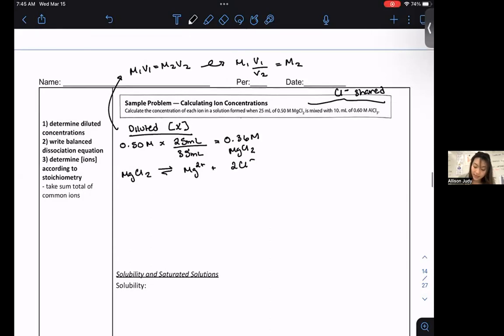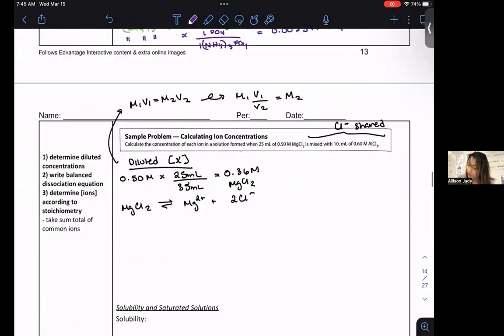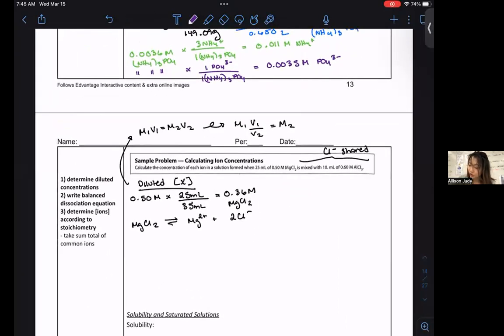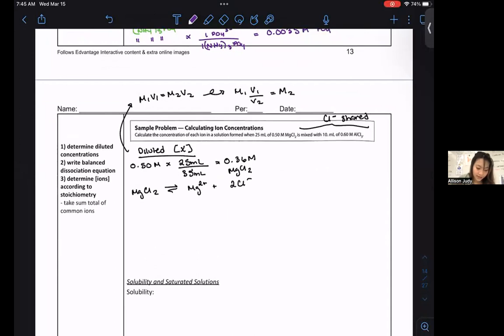And then you would simply do what we did above. You would calculate according to the stoichiometric or subscript molar relationship in terms of ion present in the compound. If I originally had 0.36 molar MgCl2, I'm going to have 0.36 molarity of Mg2+.